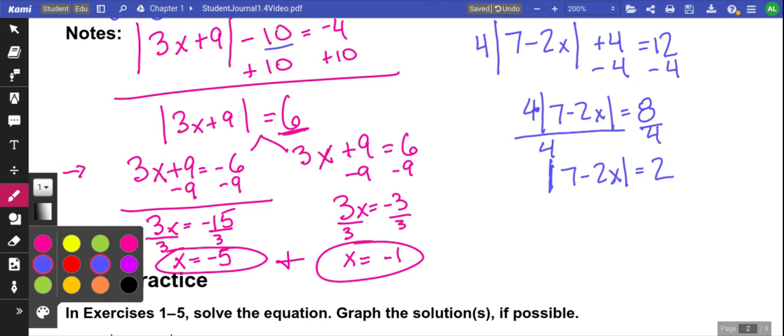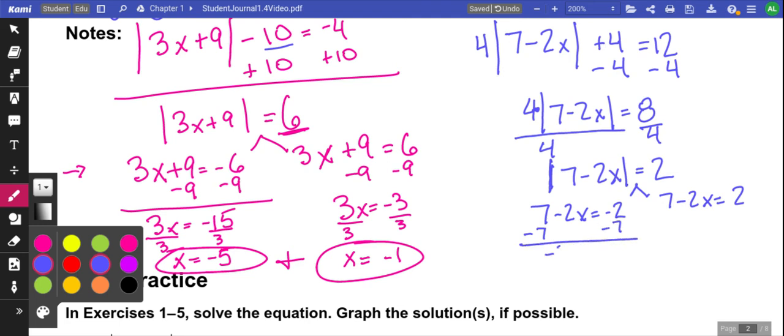I'm going to split it into my two equations. So 7 minus 2x is equal to -2, and 7 minus 2x is equal to +2. All right, I want to get rid of my 7 here, so I'm going to subtract 7 on both sides.